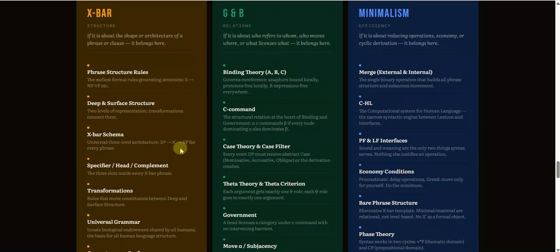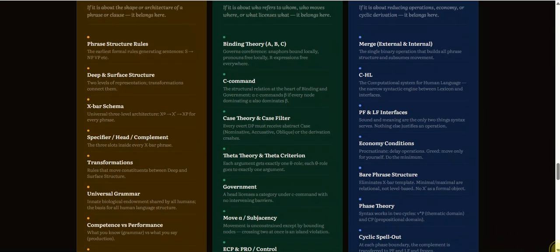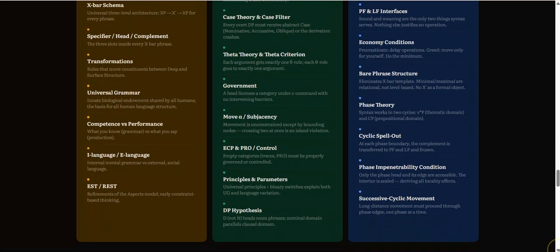Then the X-bar schema, that is head, then X-bar and XP. Then specifier and complement slots inside every X-bar phrase. Then the next one is transformation, rules that move constituents between deep structure and surface structure. Another concept is universal grammar, the innate biological endowment shared by all humans, the basis of all human language structure.